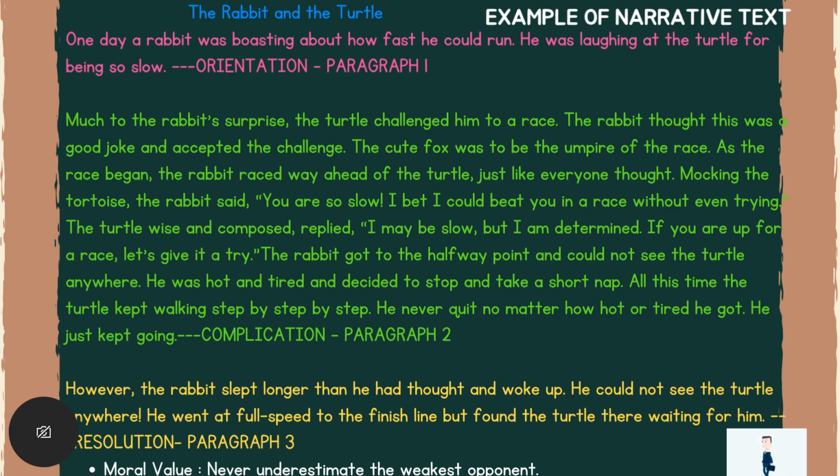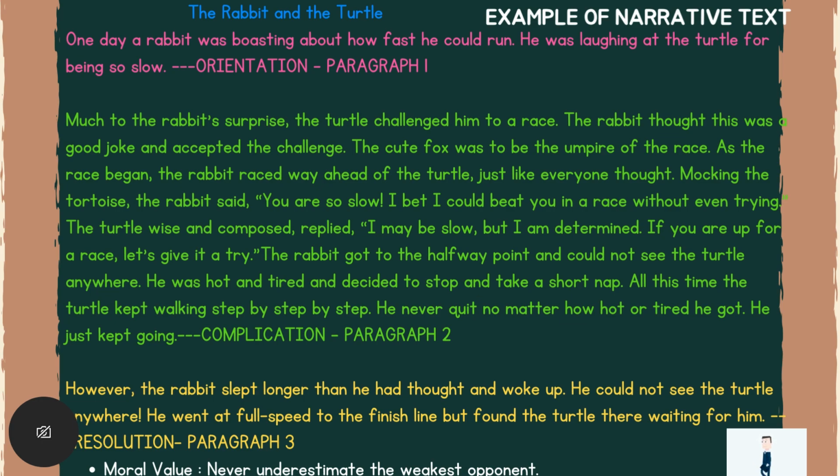Mocking the tortoise, the rabbit said, "You are so slow. I bet I could beat you in a race without even trying." The turtle, wise and composed, replied, "I might be slow, but I am determined. If you are up for a race, let's give it a try."